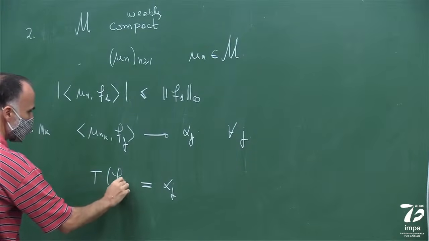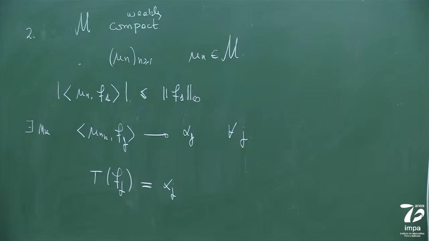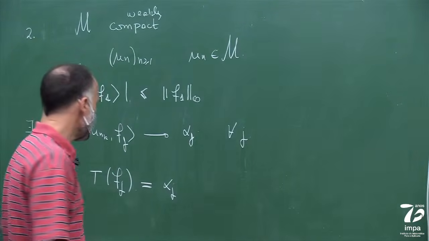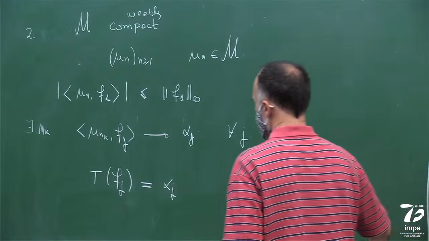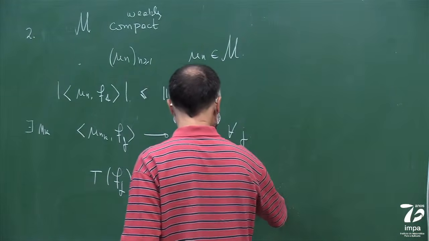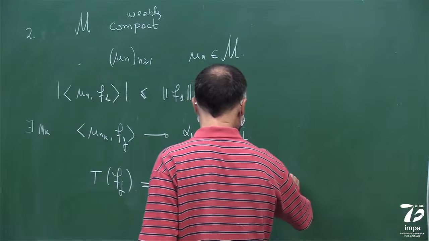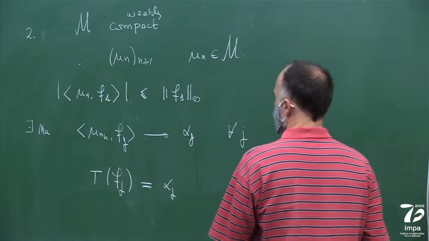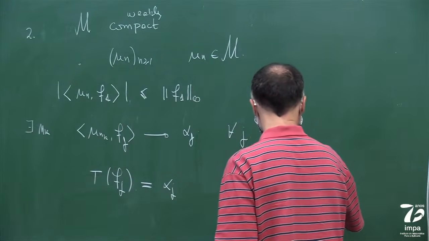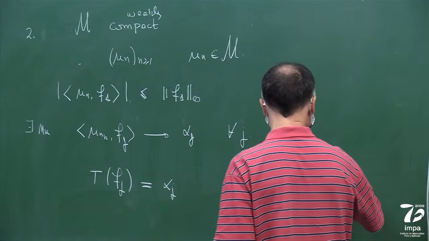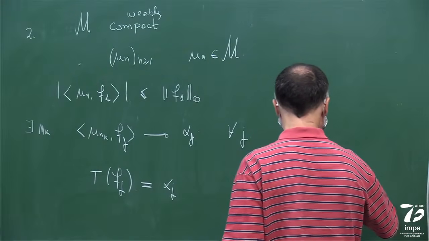So I'm defining T in this way. So T is defined for all f_j. And I want to extend. So what I know is that T of f_j is this limit, but this limit is bounded by the L infinity norm of f_j.